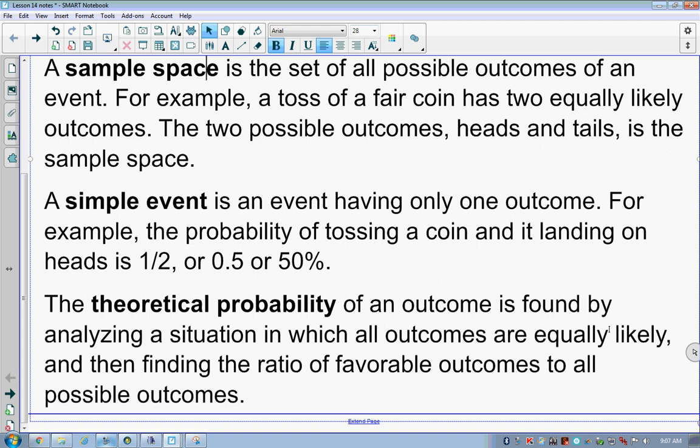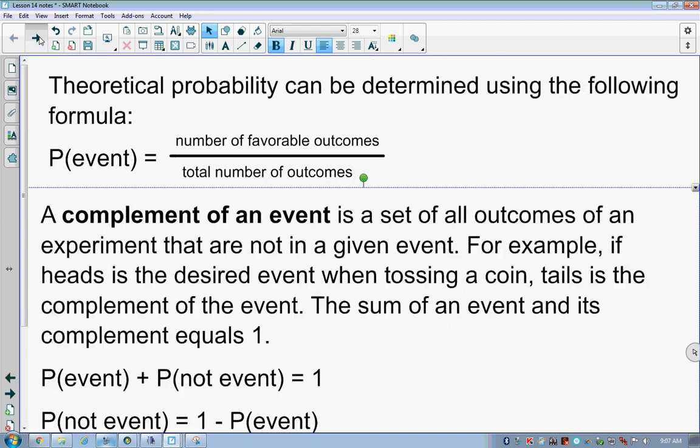All right, the theoretical probability of an outcome is found by analyzing a situation in which all outcomes are equally likely, and then finding the ratio of favorable outcomes to all possible outcomes. Okay? There's your explanation, there's your fraction.